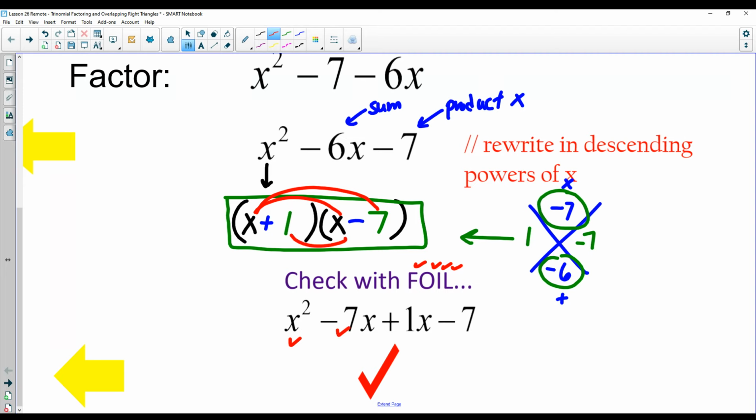Inner product, 1 times x, 1x. Last product, 1 times negative 7, negative 7. Combining our x terms gives us the negative 6, and we end up with the original quadratic in descending powers of x. So you can always check with FOIL and make sure it works out.